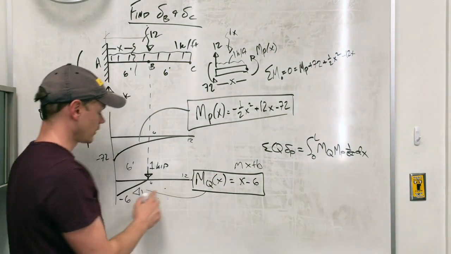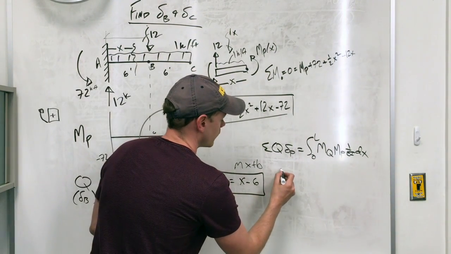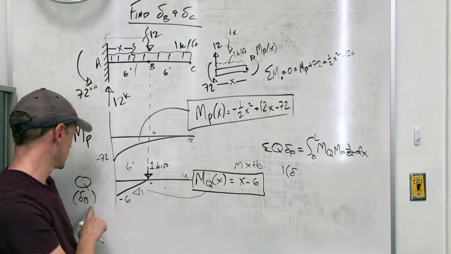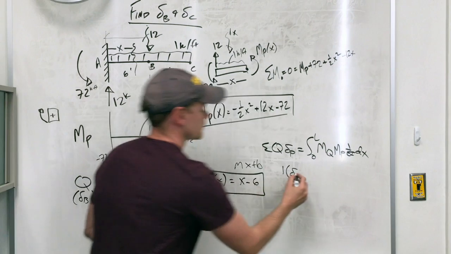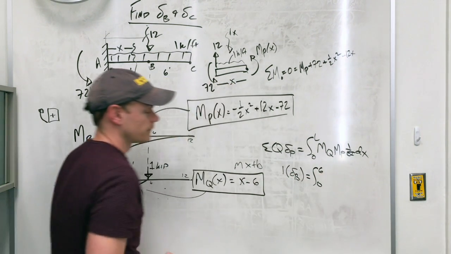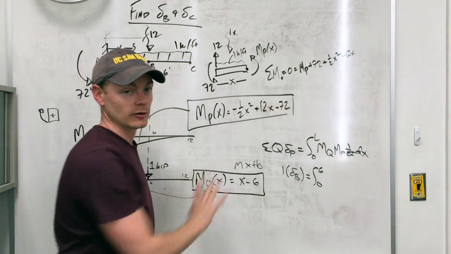So why don't I only integrate the 2 parts that I have? That makes sense. So I have 1 kip times delta P, which in this situation is delta B, because we put our dummy load at B. So I have the integral 0 to 6 of these 2 equations. Now I'm going to clean up the board so that I can write it out a little bit better.